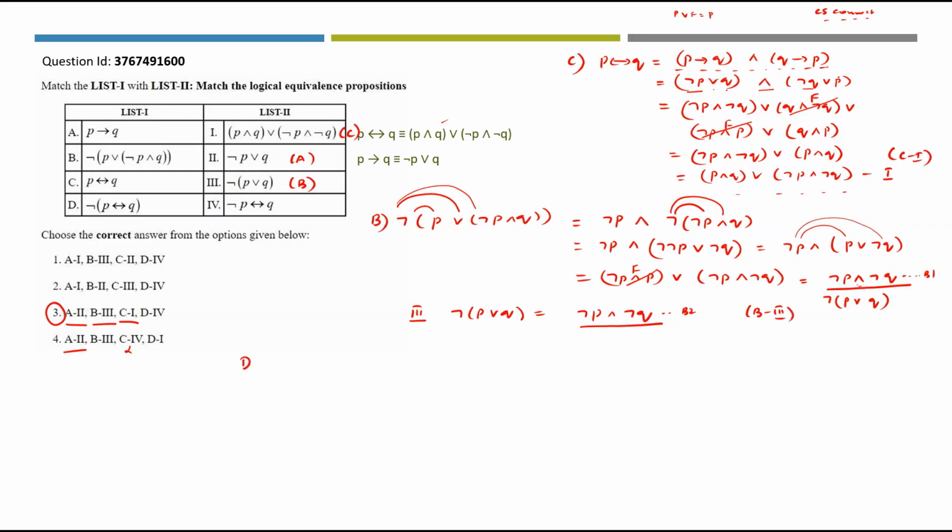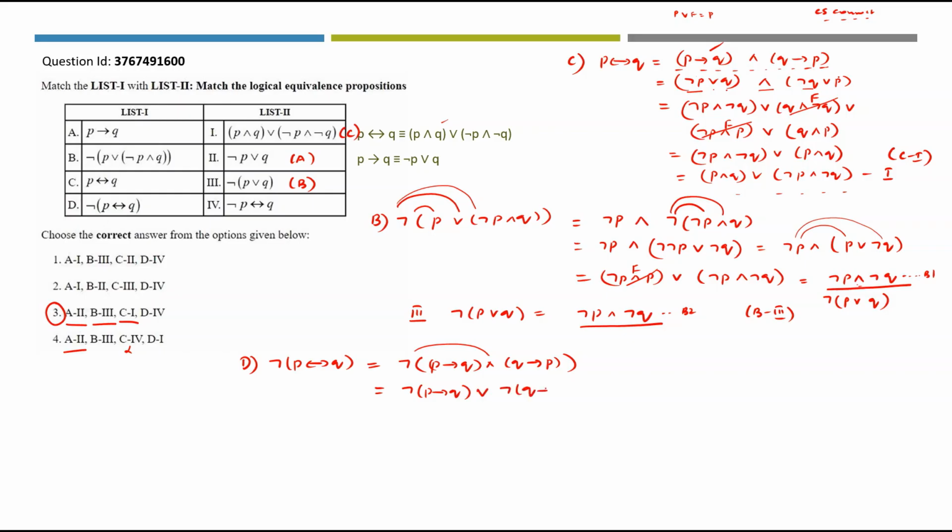Now we will move to D expression. Negation of P bi-implies Q. We will use the same law here. Just have negation. Go with P implies Q and Q implies P. Apply the negation inside. This is negation of P implies Q. This negation will change conjunction to disjunction.